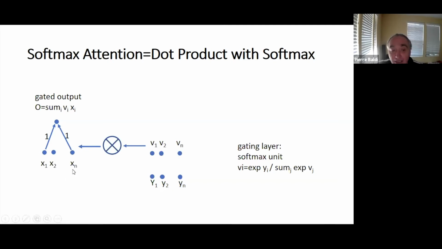So I get the weighted combination of the x1, x2, xn, which is convex because v1, v2, vn are convex weights. They come out of the softmax, right? So now you can do convex combination of outputs. And that too now is part of a single block, if you want, where you combine these dot products with these softmaxes to modulate the activities, the axes in the primary neural network.